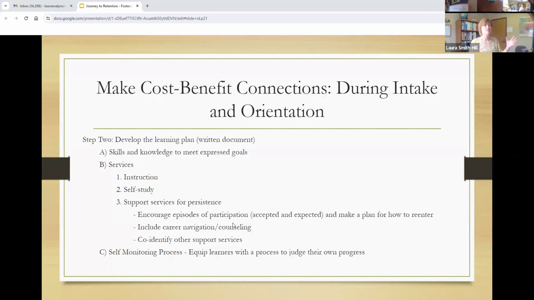This process of developing a written learning plan in step 2 enables our students to count the cost of their own personal investment in their education. And C is monitoring, giving the students a way to monitor the progress that they're making.